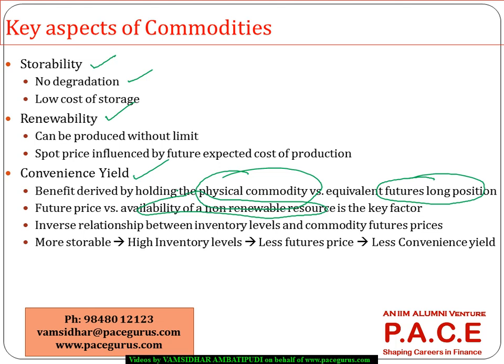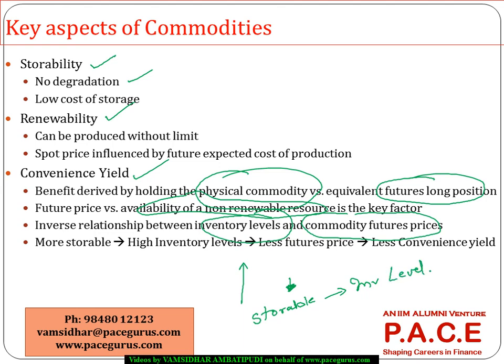And typically what we see is there is an inverse relationship between the inventory levels and commodity future prices. If the inventory levels are very, very high, we expect that the commodity future prices will typically go down and vice versa. And this is giving rise to something more. Any good that is highly storable, inventory levels will be high, because I would like to store that particular good.